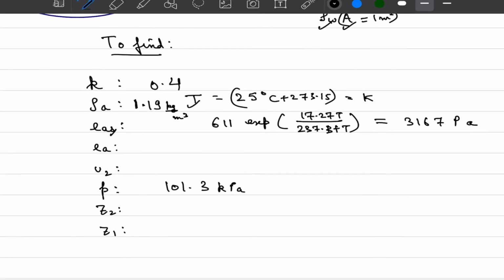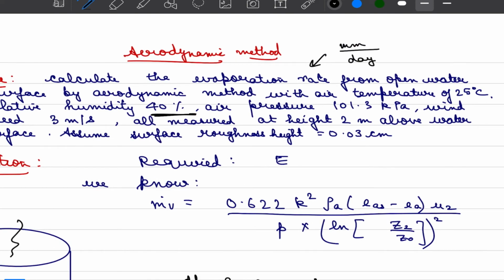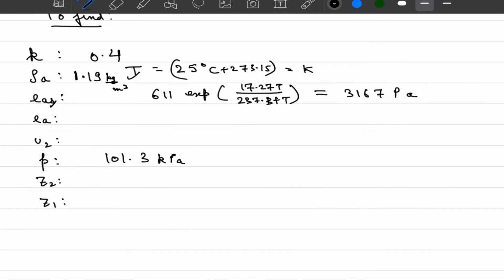Now coming to EA, we know the relative humidity is 40%. If we know the saturation vapor pressure, we can calculate the actual vapor pressure by multiplying the relative humidity by the saturation vapor pressure, which would be 0.4 into 3167, and this comes out to be 1267 Pascal.